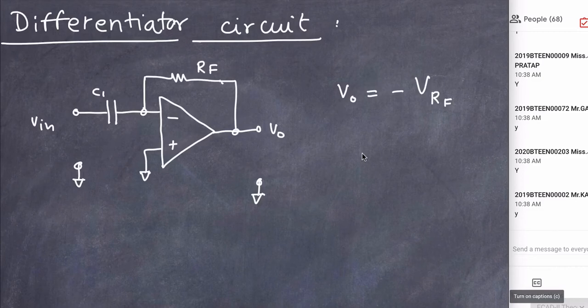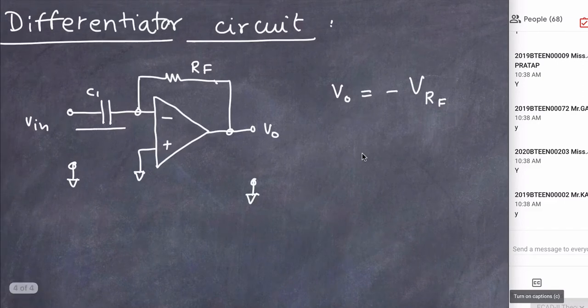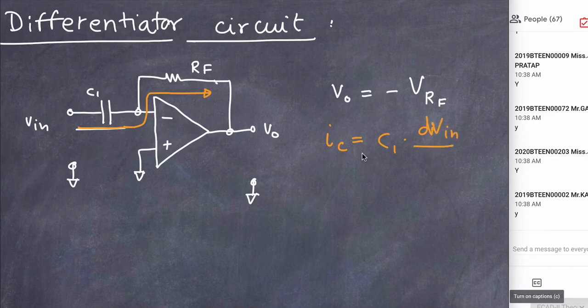So for example, if the input is V input, the current is flowing like this. Let me use a different color, like this. So the value of current IC will be C1 into the derivative of the input, dV in divided by dt.